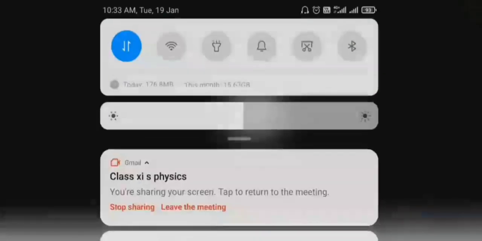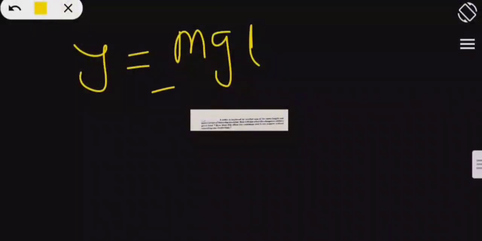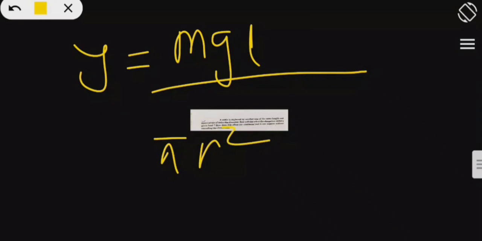This is only the equation results that we are going to achieve here. So let us write down the Young's modulus formula first. Y equal to mgl divided by pi r square into delta L. That is another formula, you can check your notes. Here, what is r?